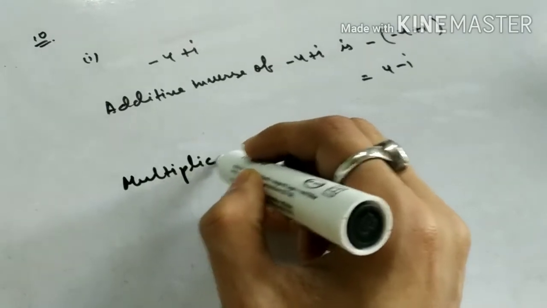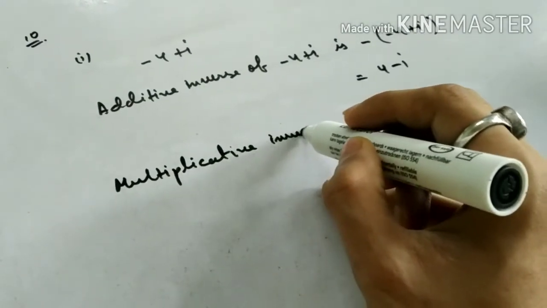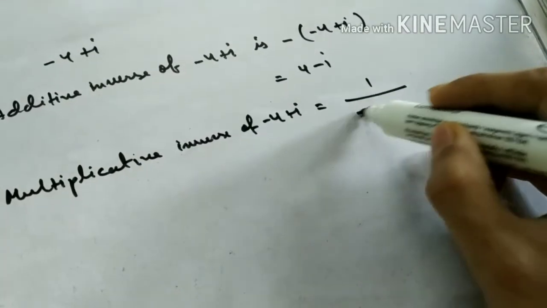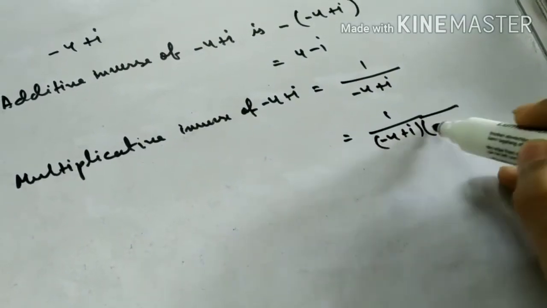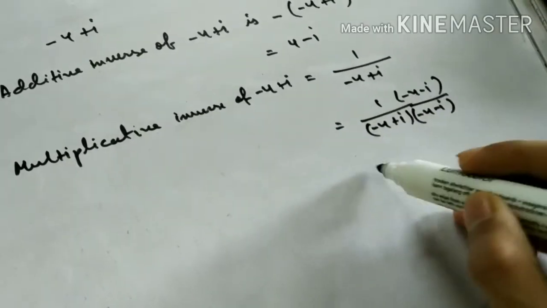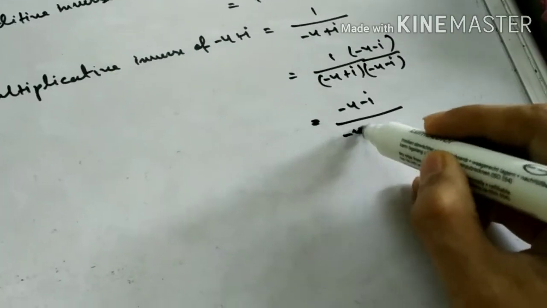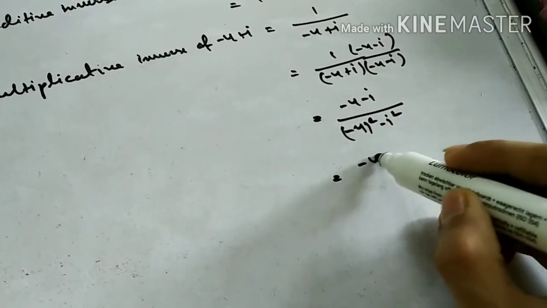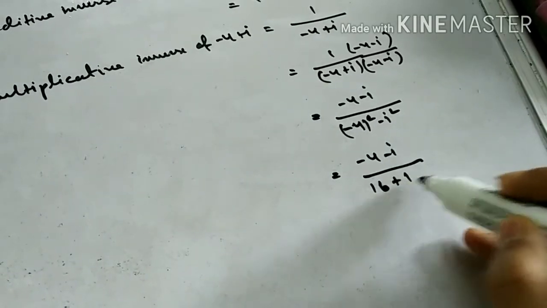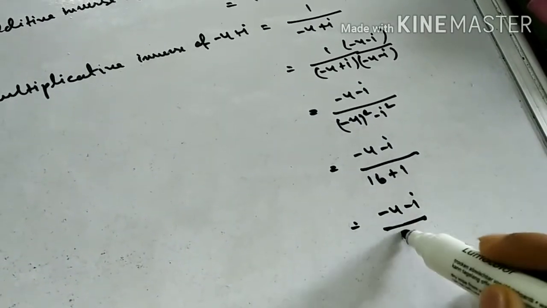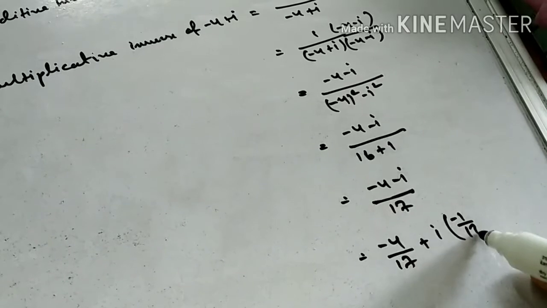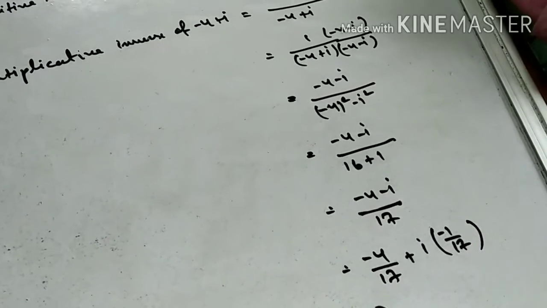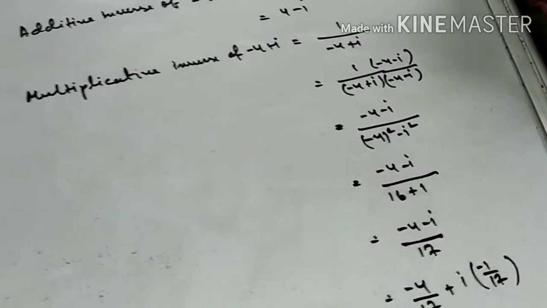And the multiplicative inverse of minus 4 plus i equals 1 by minus 4 plus i, multiply by minus 4 minus i over minus 4 minus i, which gives minus 4 minus i by minus 4 the whole square minus i square, which is minus 4 minus i by 16 plus 1, so minus 4 by 17 plus i times minus 1 by 17.